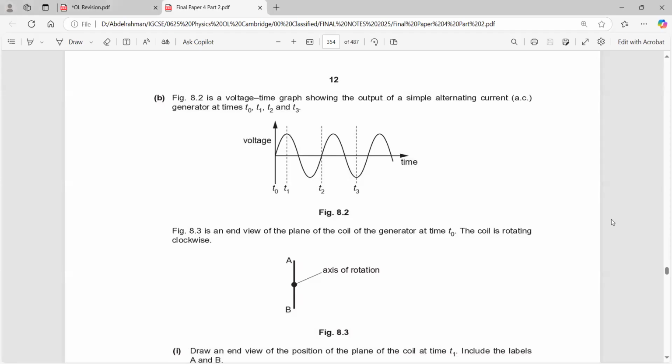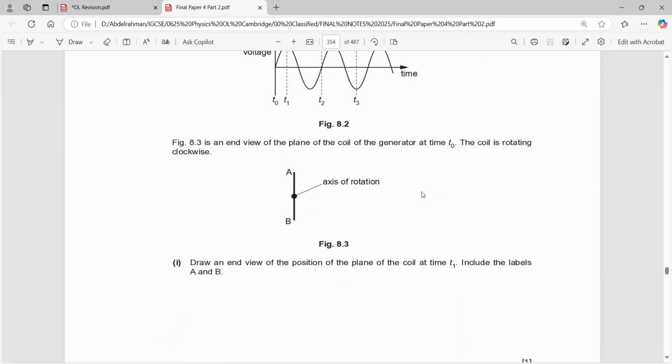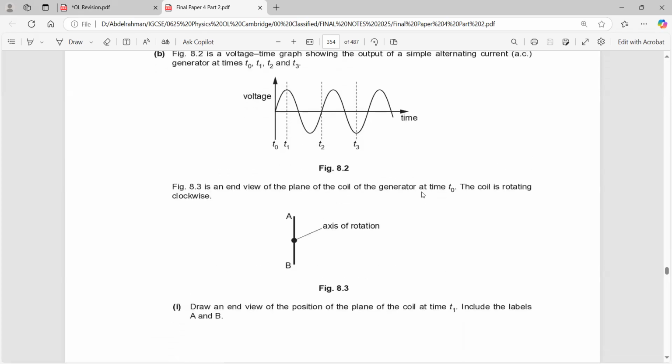Figure 8.2 is a voltage-time graph showing the output of a simple alternating current AC generator at times T0, T1, T2, and T3. Figure 8.3 is an end view of the plane of a coil of this generator at T0. Initially AB was in this position at T0.